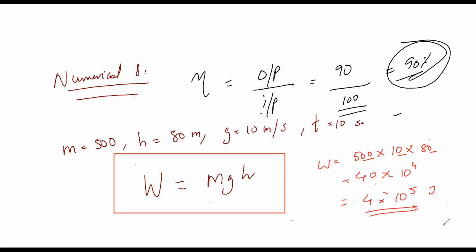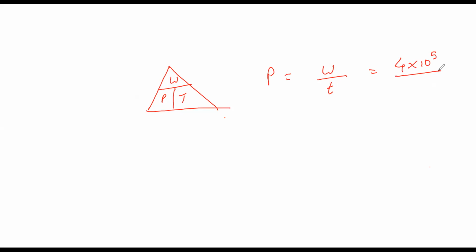This is the first thing. Second thing is power. So I told you for power, we have to do what? Power write down here, time here, work here. Power is equal to W by T. W just now I found out what? 4 into 10 power 5. Correct? I hope it is 10 power 5.